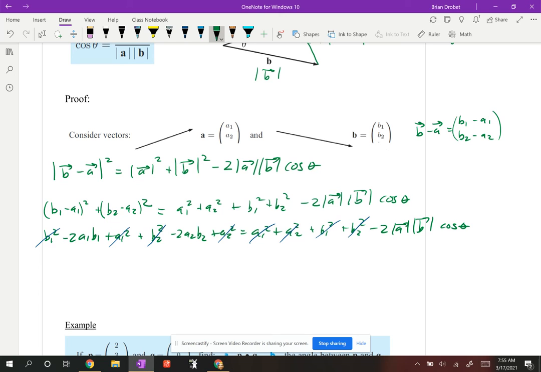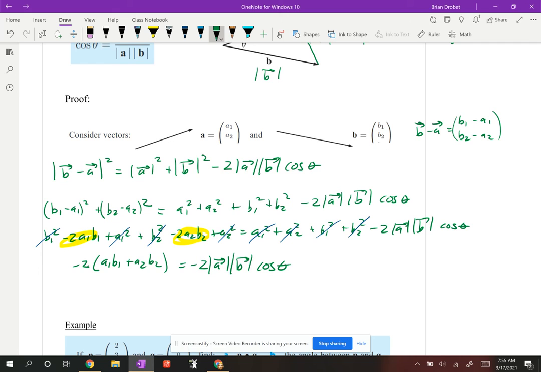So what do I have now? I have negative 2 times A1 B1 plus A2 B2. I just took these last two terms that were left on this side and factored out a negative 2. And I have that equal to negative 2 magnitude A, magnitude B, cosine of theta.